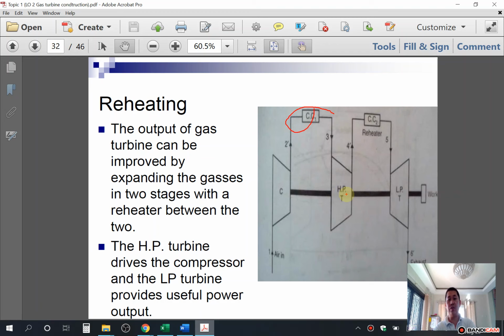So after the high pressure turbine, the gas is entering the reheater. After the reheater, it is entering the low pressure turbine, then to the exhaust here. So that is reheating.